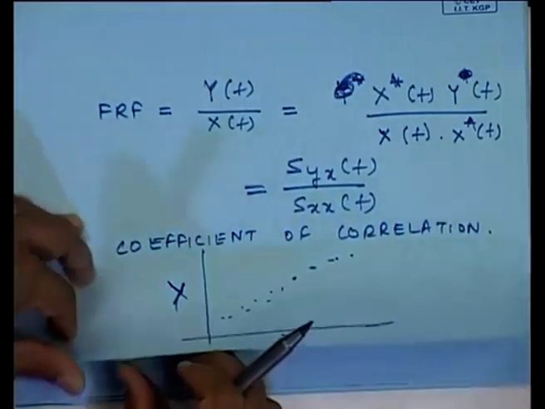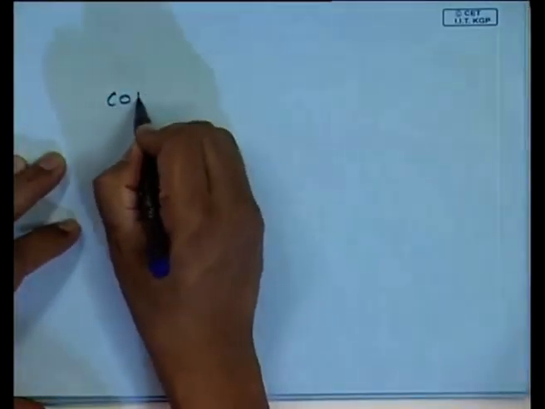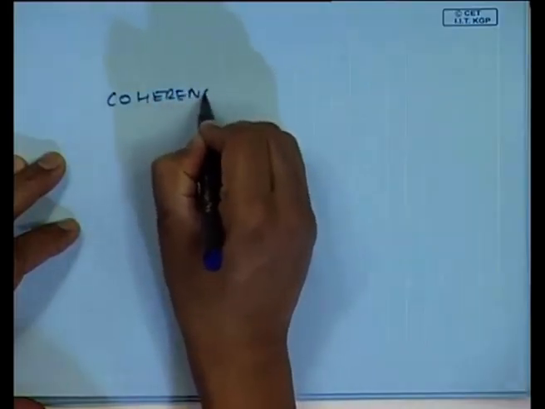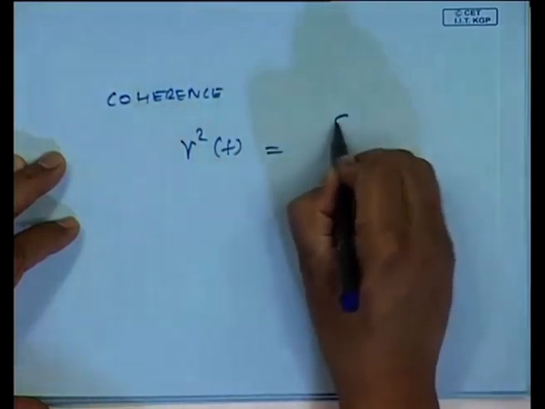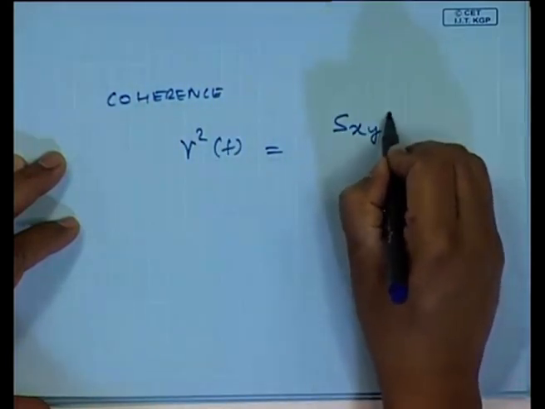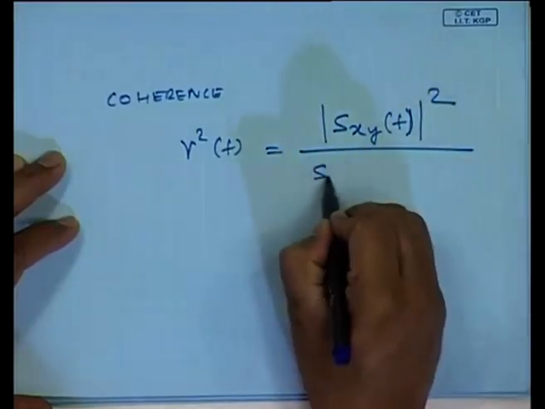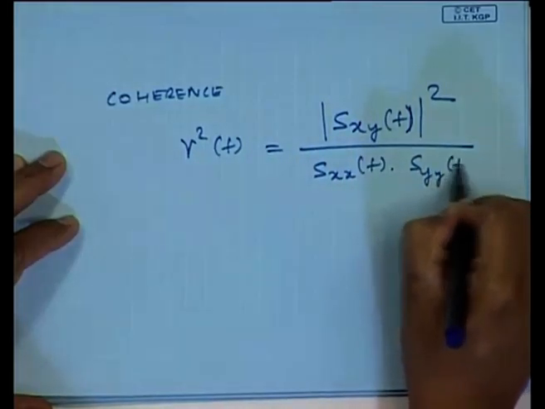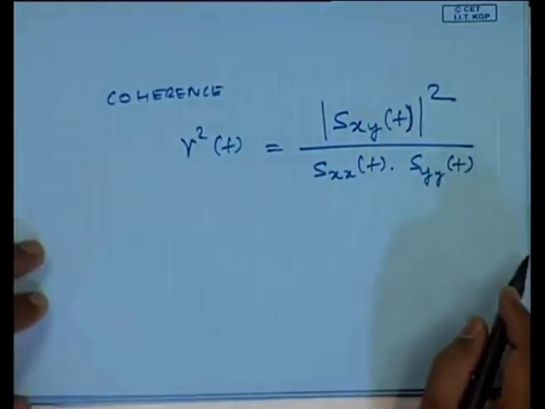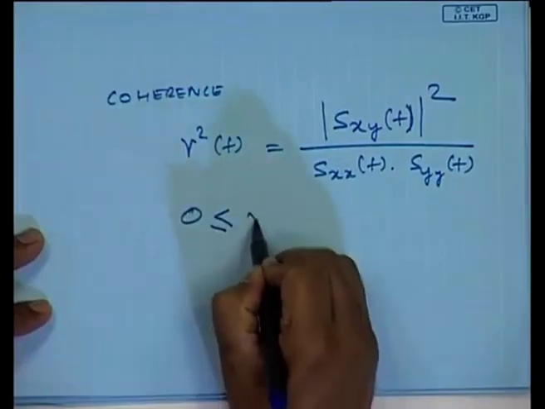Here also in frequency domain, we can find out a term known as coherence, gamma square f, given by the magnitude of Sxy(f) squared divided by Sxx(f) Syy(f). Okay. And the maximum value of this could be 1.